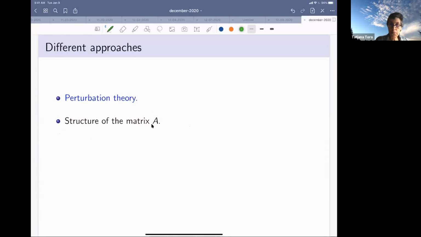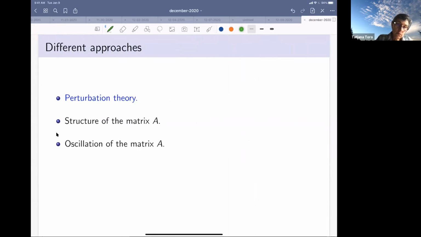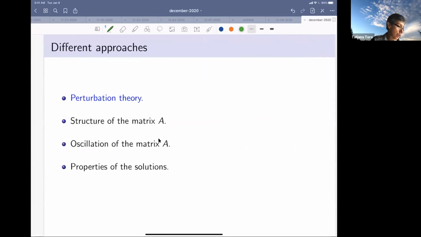So these are conditions on the matrix A. There's a big industry on looking at the oscillation of the matrix, not just if the matrix is smooth, but if it oscillates well in a quantitative way. These are conditions on the oscillation of the matrix, on the gradient of the matrix. That's another avenue of research.